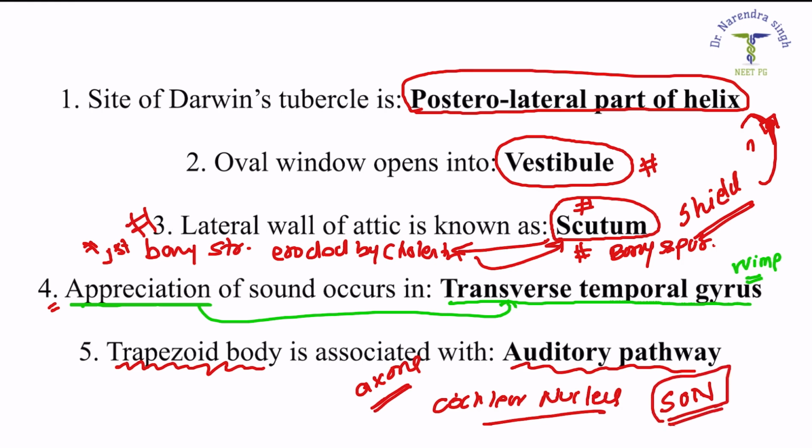That part of the auditory pathway is known as trapezoid body.